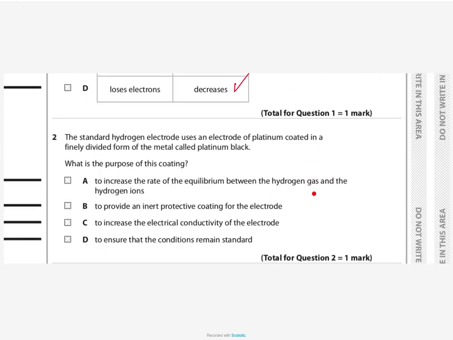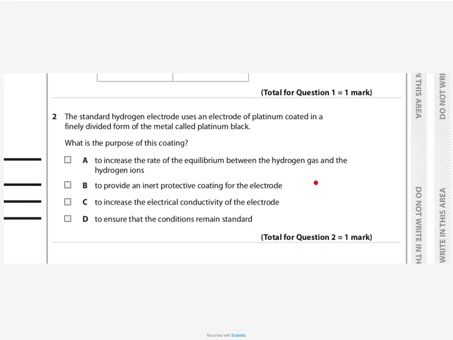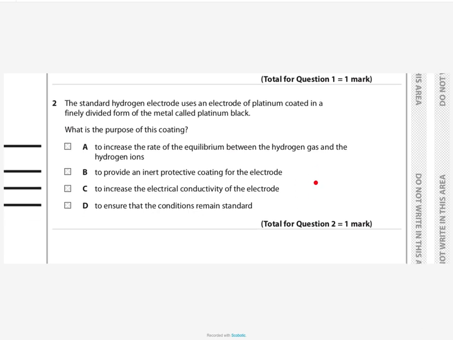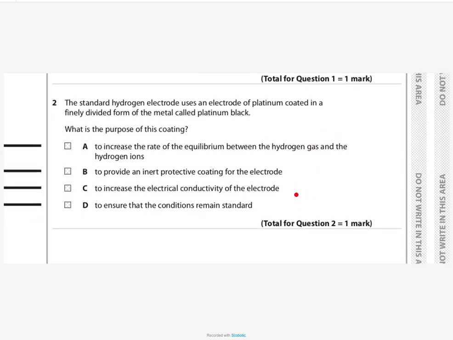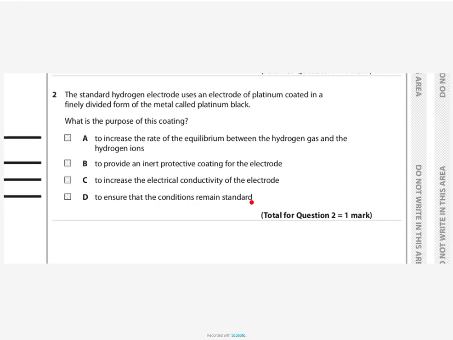The standard hydrogen electrode uses an electrode of platinum coated in a finely divided form of metal called platinum black. What is the purpose of this coating? The finely divided platinum is acting as a catalyst.